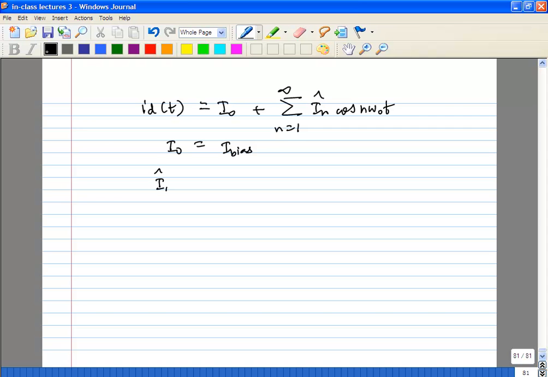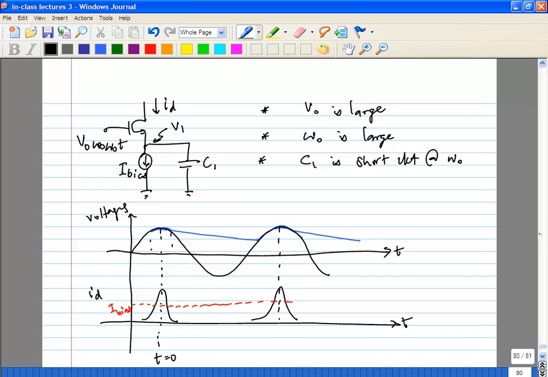Next, let's calculate the fundamental component. What is that? 2 by T, integral of ID of t times cosine. This is the fundamental component, right? But what do we know? We know that ID of t exists only at the peaks of the sinusoid, and at this point the cosine value you can approximate to be 1, because it's just going to conduct for a very narrow sliver of time around the peak.